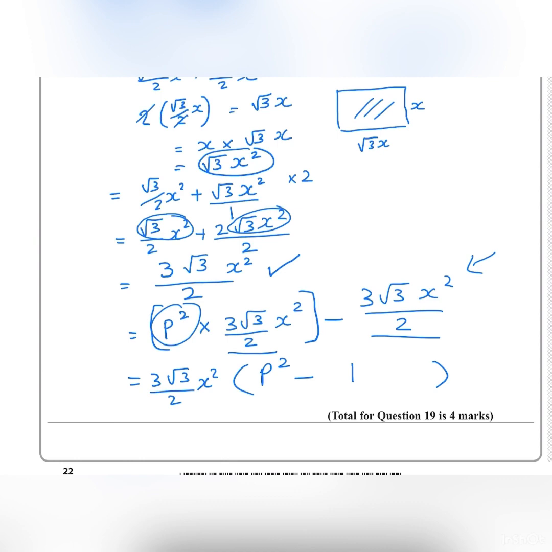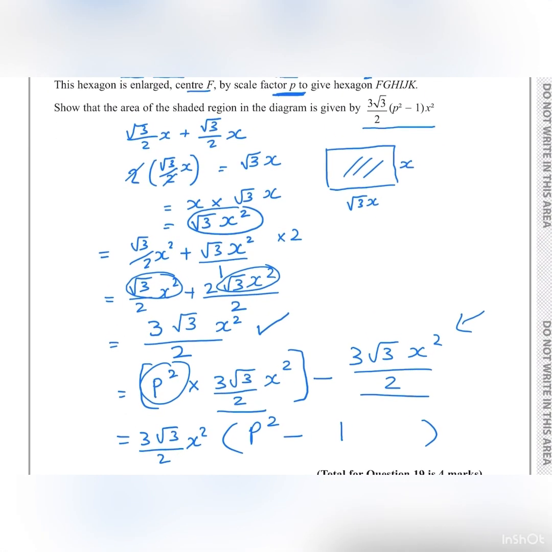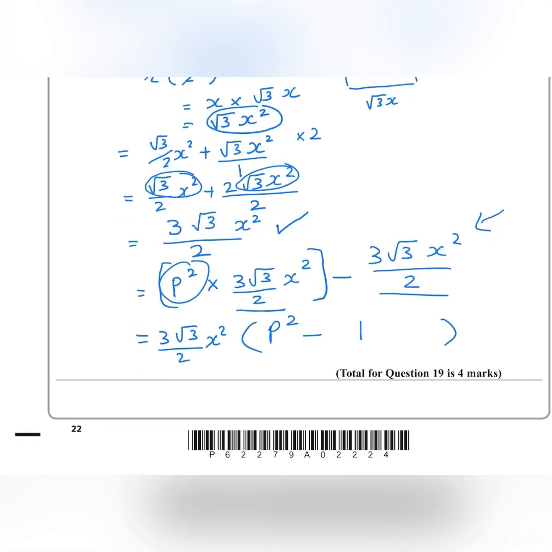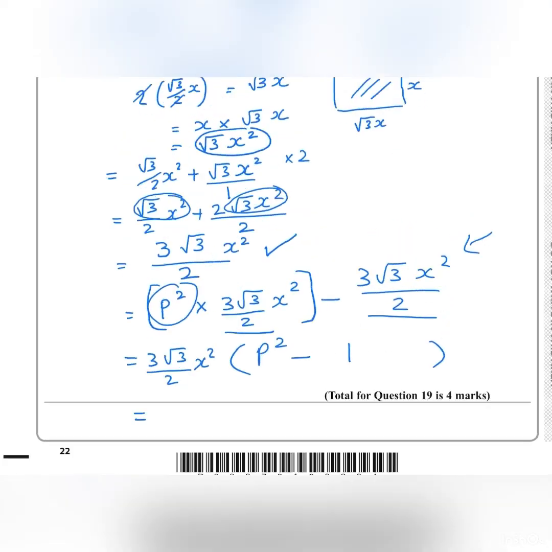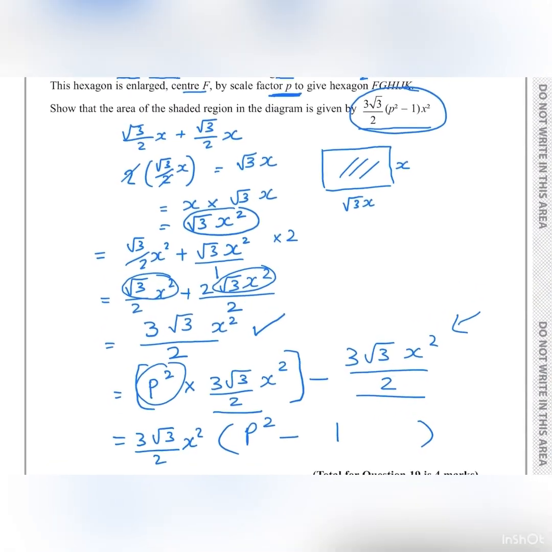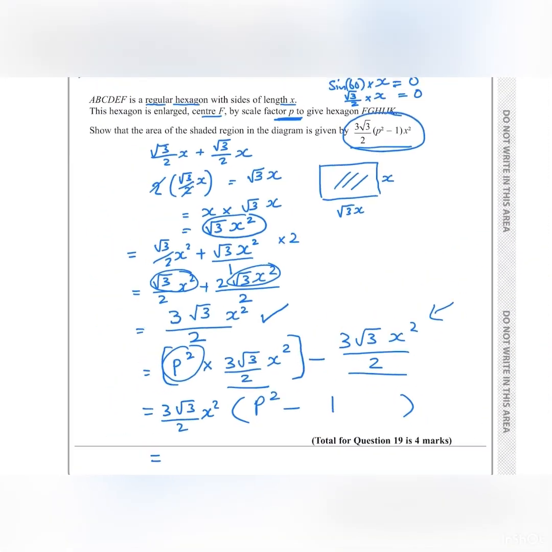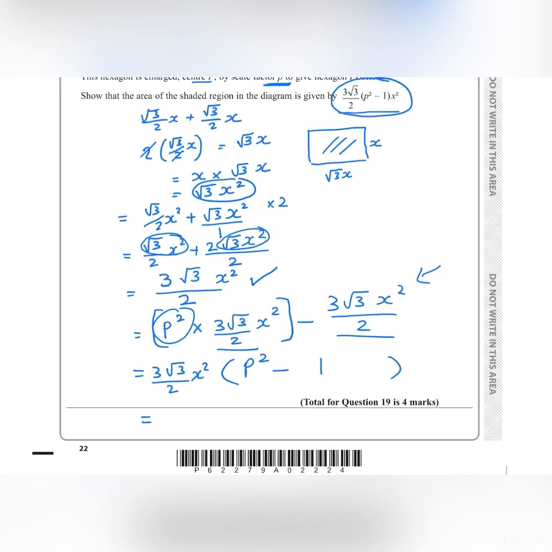Now, if you go back to the question over here, that looks very similar to what I have worked out at the bottom here. So you can write this in the same way, because it's exactly the same thing. So we can write down, if I just show everything on one screen here, we got 3 root 3 over 2, and we got p squared minus 1, and we can have x squared in the end. So you have shown them that is the shaded region of this.